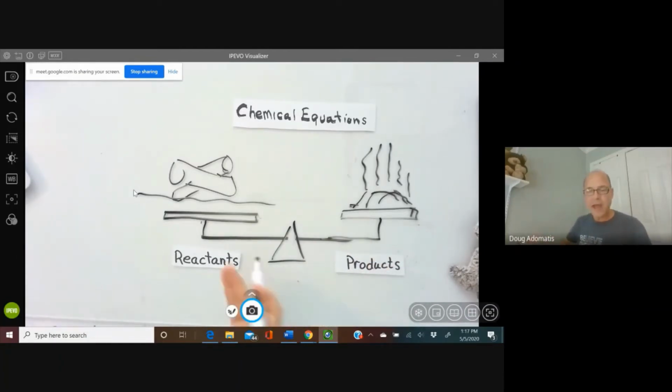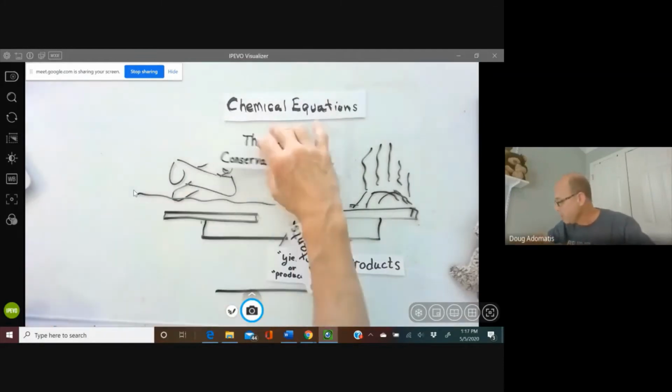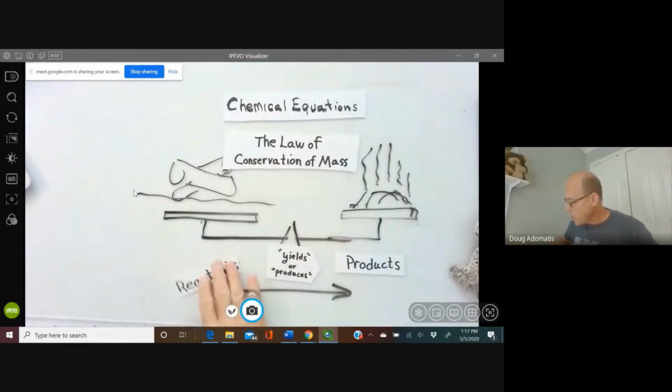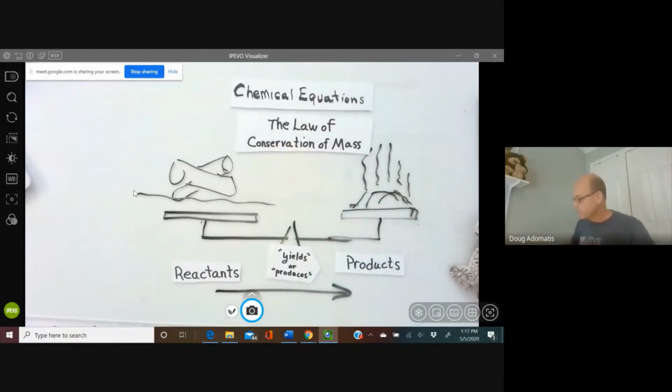So you have the reactants on one side and the products on the other side, and this chemical reaction moves forward in this direction so that those reactants yield or produce products. Okay, so I want you to keep in mind that chemical equations are all based on this law of conservation of mass, which I've tried to visualize here.